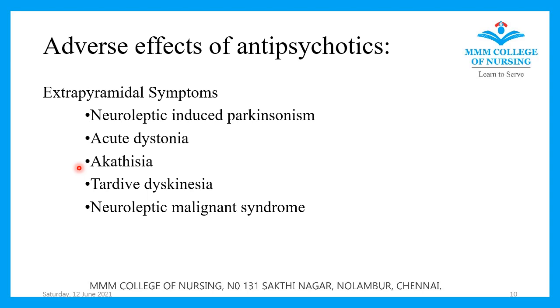This patient can be treated with propranolol, benzodiazepines, and clonidine. And tardive dyskinesia. Tardive dyskinesia is a somewhat delayed adverse effect of antipsychotics. It consists of abnormal, irregular, choreoathetoid movements.